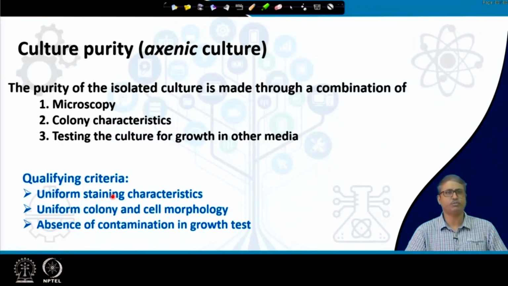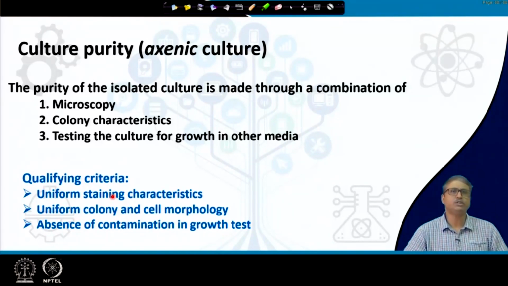Uniform colony and cell morphology: in subsequent subculturing of the pure culture, if it is a mixture of 2 or more organisms, those colonies will appear eventually, maybe 1 or 2 out of 10 or out of 50, but they will appear. So, we will be able to discriminate them by looking at the colony morphology if we examine them carefully, but it may be possible that the contaminant or co-growing organism also has the same colony morphology.